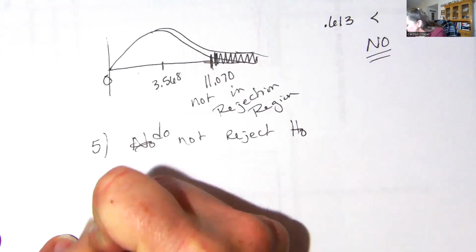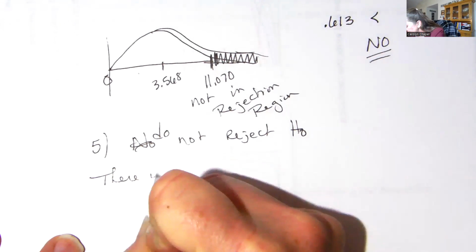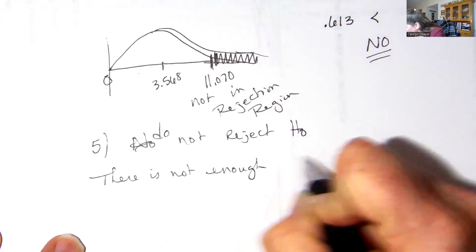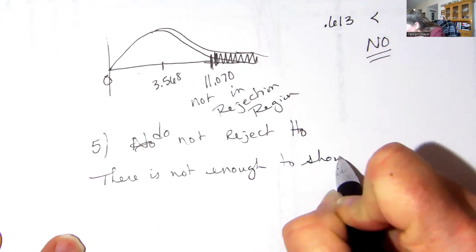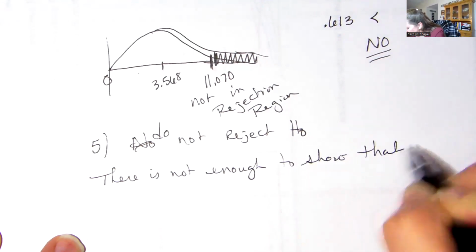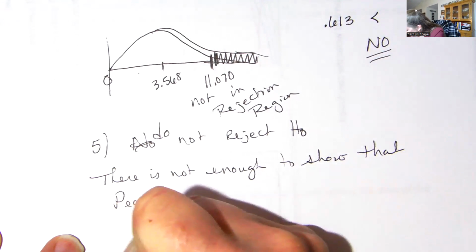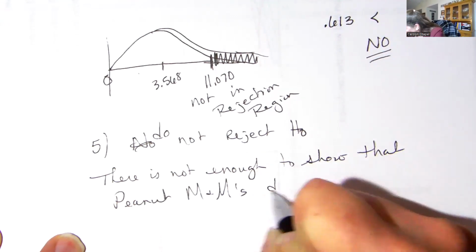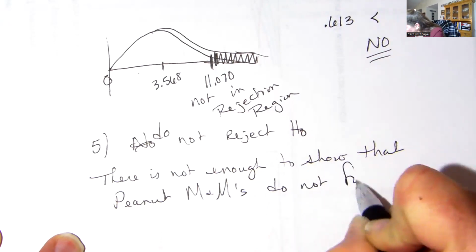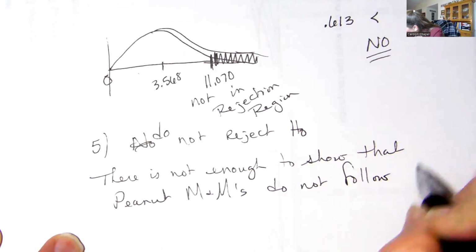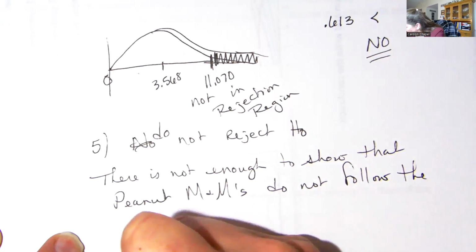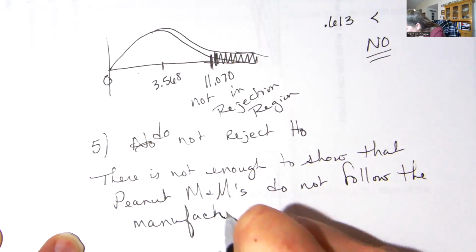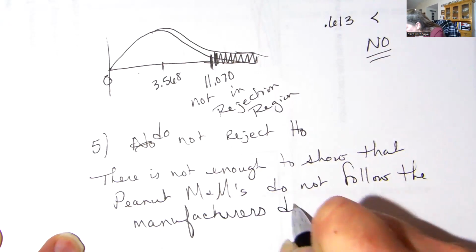In other words, we are finding it not guilty, not saying that they're innocent, we're saying it's not guilty, which means that there is not enough evidence to show that peanut M&Ms do not follow the manufacturer's distribution.